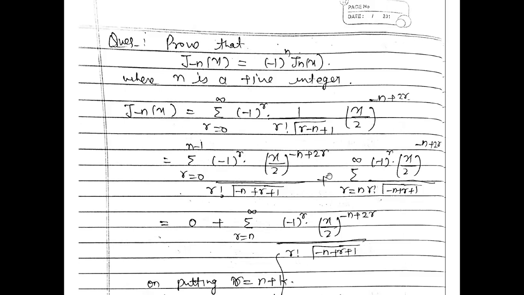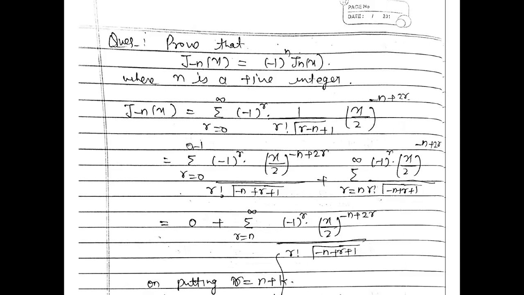And the summation r is equal to 0 to n minus 1. So what we are doing here, we are breaking this series from r is equal to 0 to n minus 1 and r is equal to n to infinity. So that will be our negative integers here.